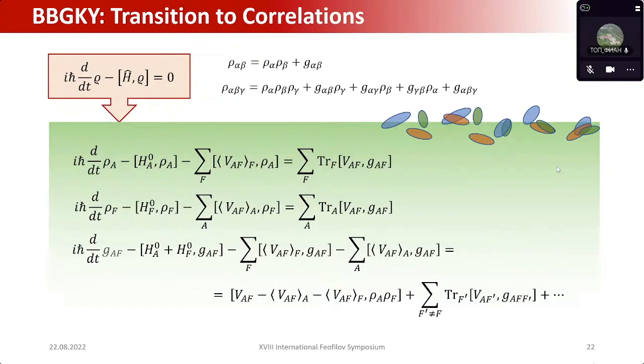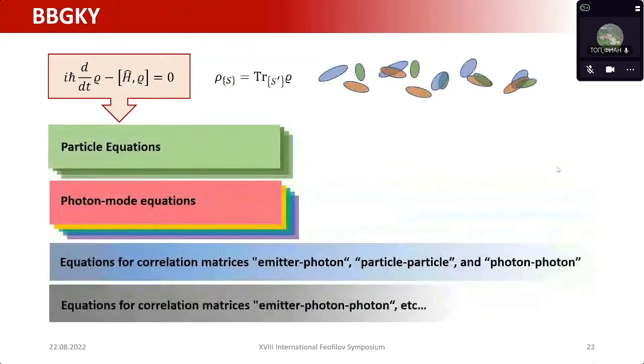The entire hierarchy is absolutely equivalent to the von Neumann equation and works no good by itself, so it must be truncated somehow, using some criteria for not taking into consideration the correlation matrices that involve too many particles. Okay, so that's the non-formula explanation: there are particle equations, photon mode equations, equations for the correlation matrices, etc.